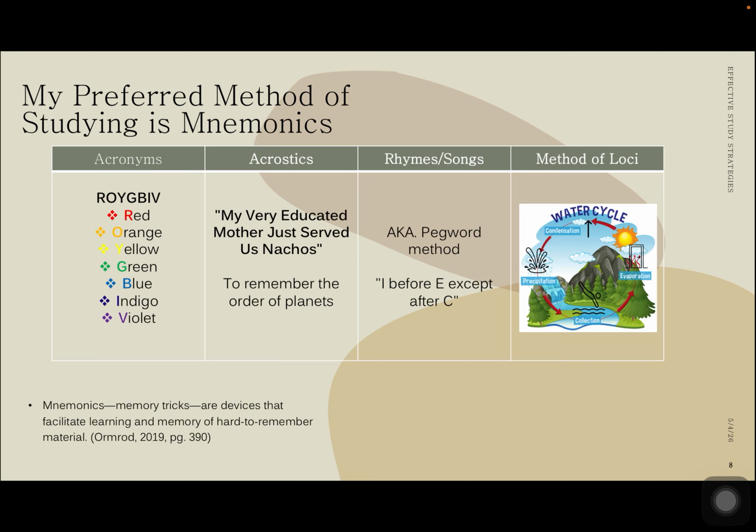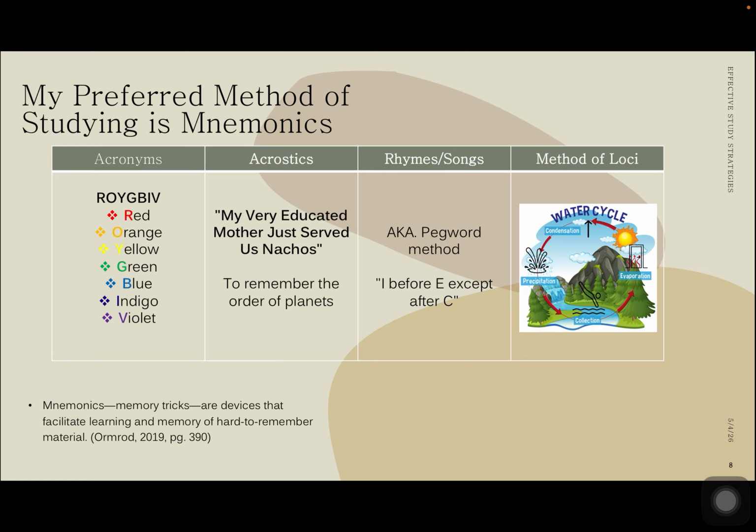And then we also can do rhymes and songs, I before E, except after C. Obviously those all rhyme. And then the last method that I thought was interesting, all these memory tricks help us understand these better, but this one was hard for me.